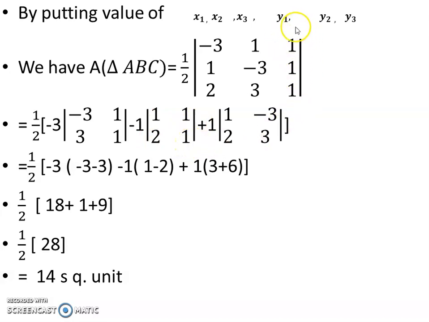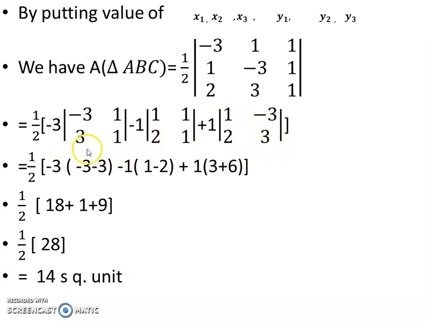Next, the last element of the first row and last column: we skip the first row and last column. The element is 1, so we write 1 here. What remains is 1, -3, 2, 3, so we write 1, -3, 2, 3 there.